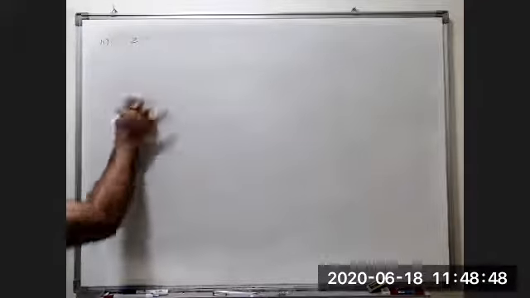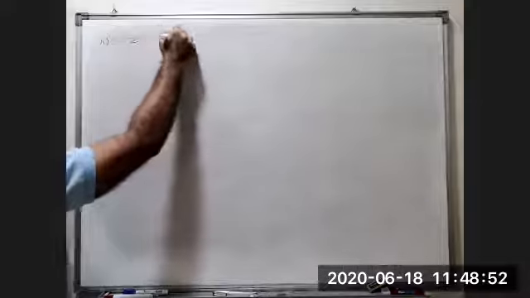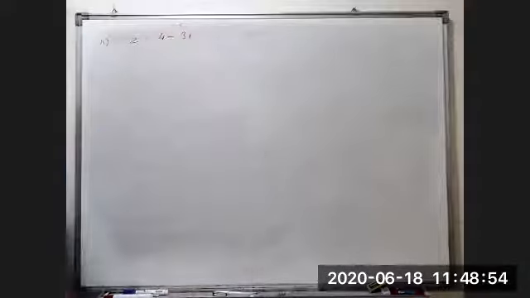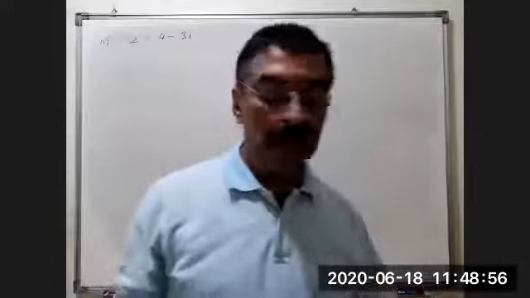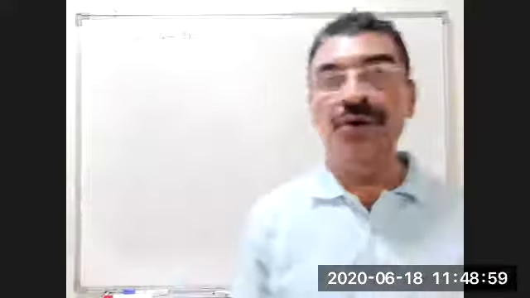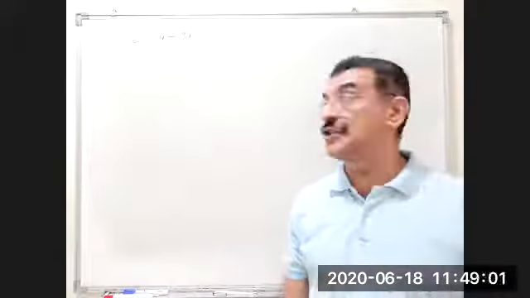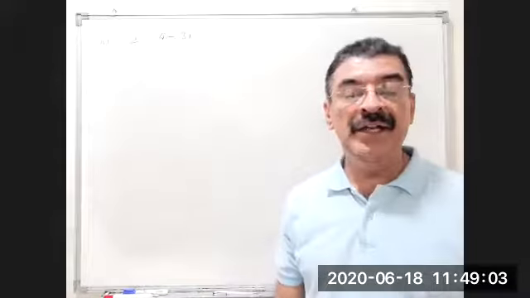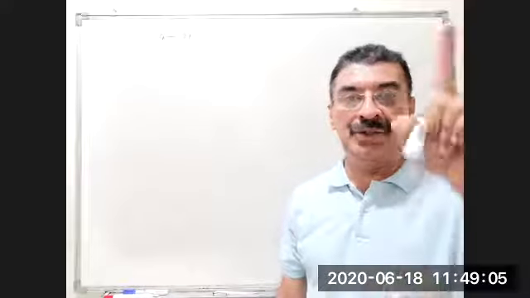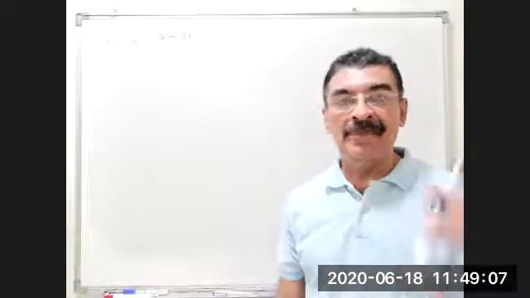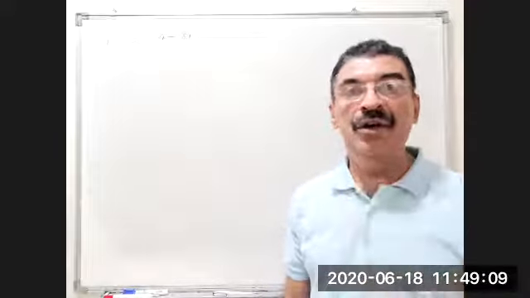z is equal to 4 minus 3i. This question can be asked. Writing multiplicative inverse and conjugate or modulus can be asked in your test also. To find the multiplicative inverse, z raised to minus 1, we have the formula z bar by modulus z square.